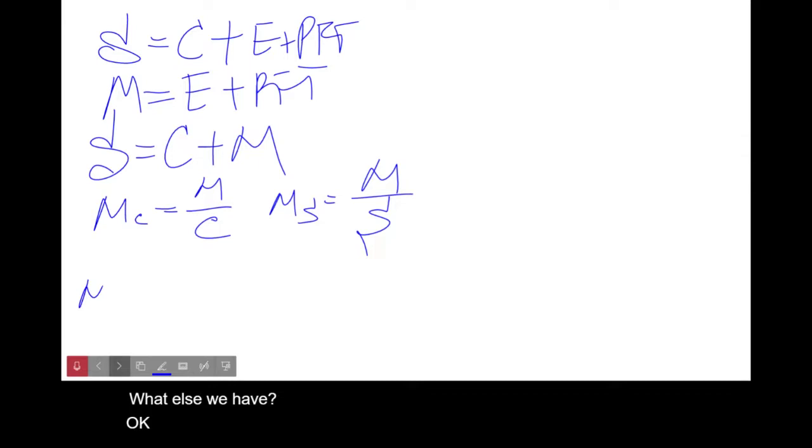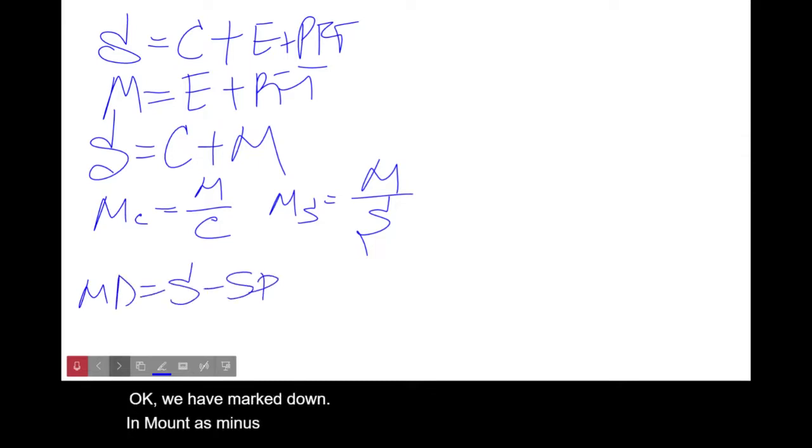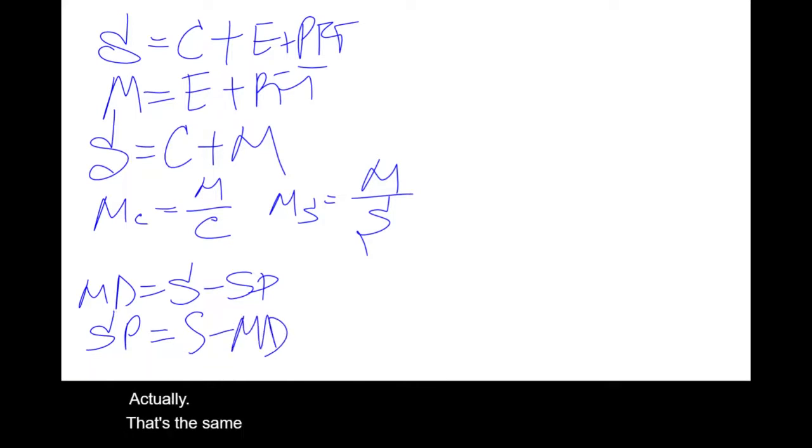Okay, we have markdown amount, S minus SP. Well, that's an exact reflection of previous formulas, where markdown amount is A, SP is N, S is L. Yeah, right. It's the same thing, right?